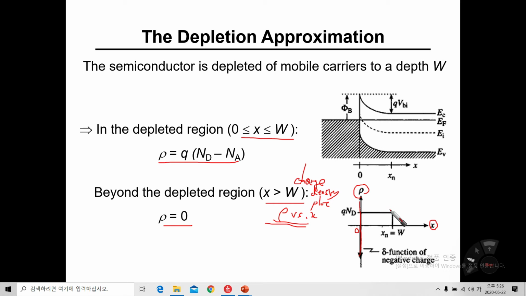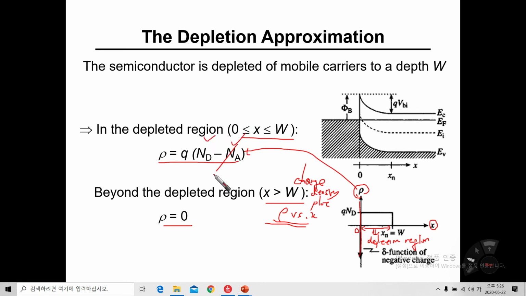As we have just learned, between 0 and W, this area is named the depletion region. In the depletion region, the charge density is determined by donor and acceptor concentrations.